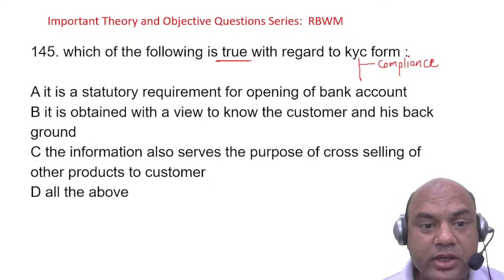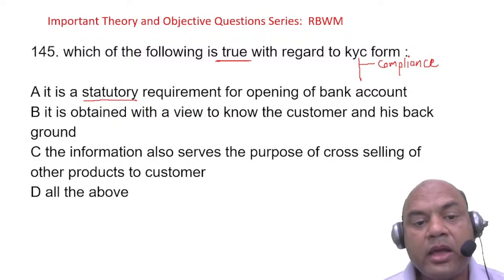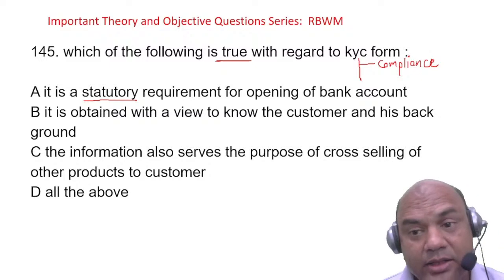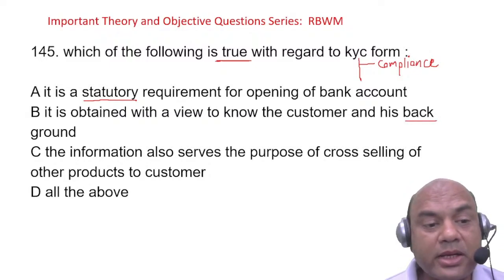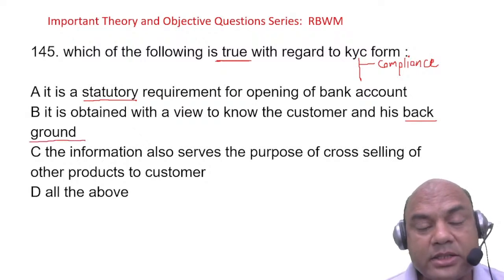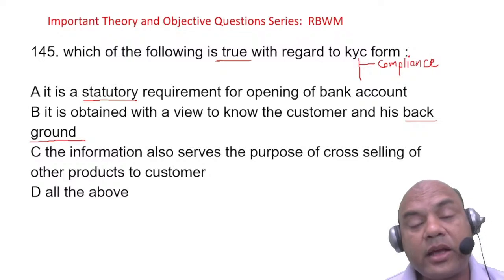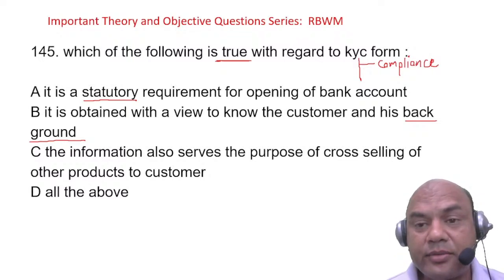Statutory means what? Compulsory requirement. It is obtained with a view to know the customer and his background. So again, this is the compliance part. Background means we have to check what that customer has done, whether this customer is a terrorist, whether this customer is a fraud person. So that is again the compliance part. So A is okay, B is also okay.